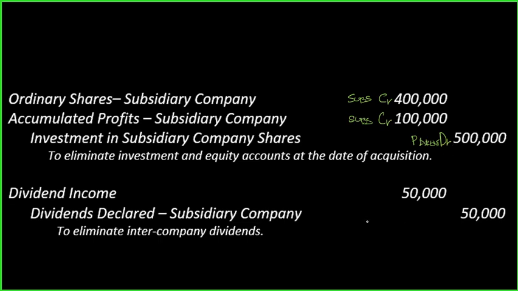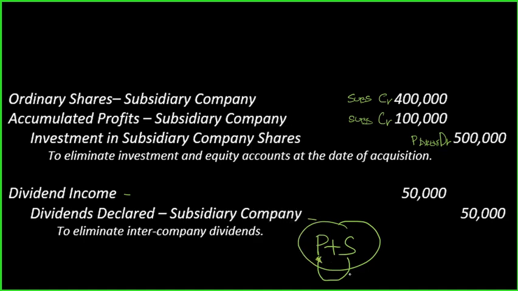Aside from that, we are also going to eliminate this dividend income against the dividends declared of the subsidiary. Why? You cannot record an income coming from yourself. It doesn't make sense. You have the parent and subsidiary reporting as one entity, and before preparing consolidated financial statements, the subsidiary declared a dividend and it was recorded as income of the parent.